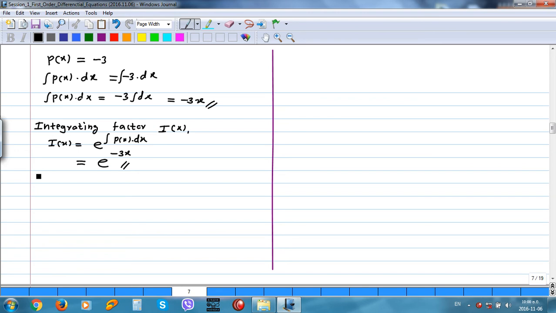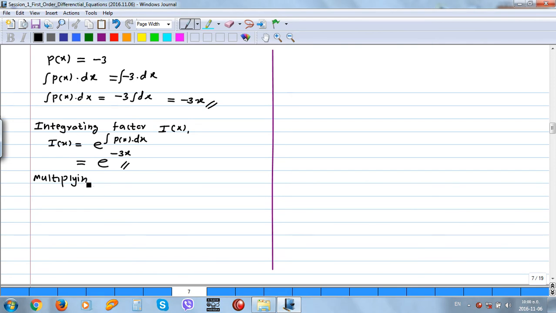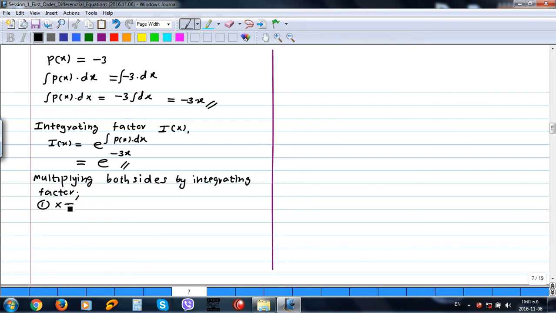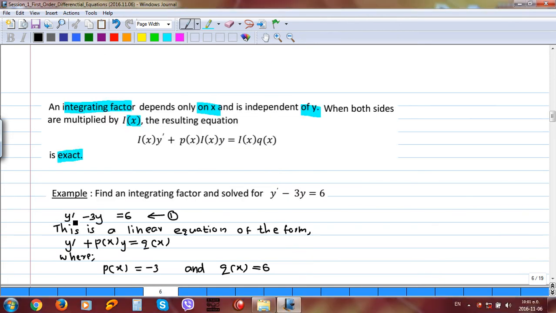So we multiplied both sides by the integrating factor, so it means we are going to multiply equation 1 by I of x, e to the power minus 3x.